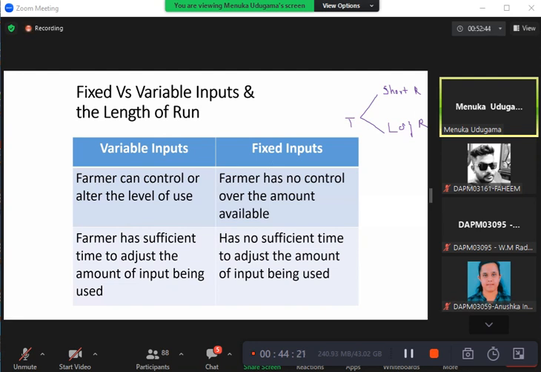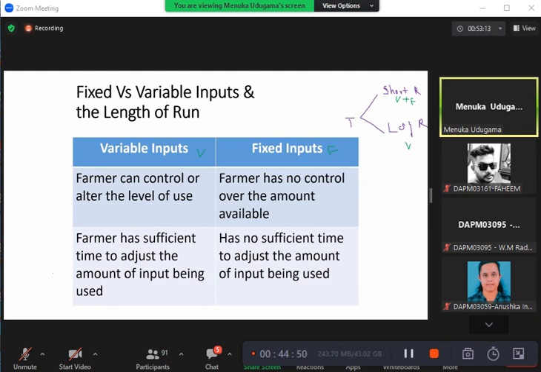So we say that in the short run, you find both variable inputs, let's call this B, and fixed inputs would be F. Both B and F are found in the short run. And in the long run, we say you only find variable input. So what's the difference then? The short run is a time period long enough to afford a change or vary the inputs used, right?